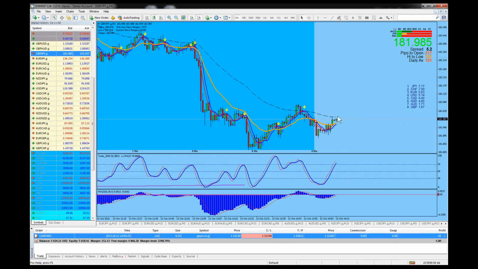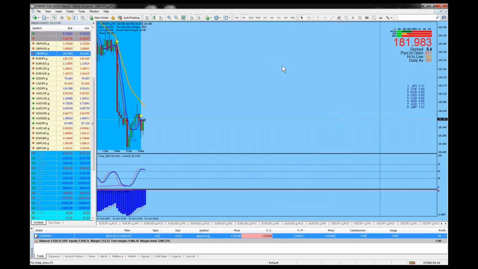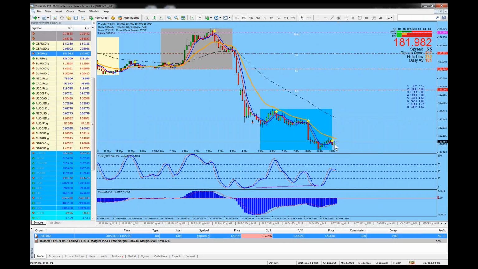What's going on in here, because you can change all these also. But now, my thinking would be I would be looking for a short here. And if it closes above this on the 1 minute, then we could be looking at a decent sized pullback. But we'll see. That would be my target there. Let's go back to the 5. And again, we're making a little bit of piano key foolishness here.